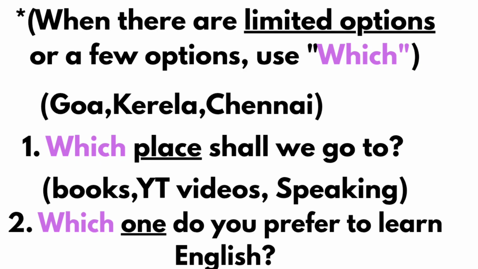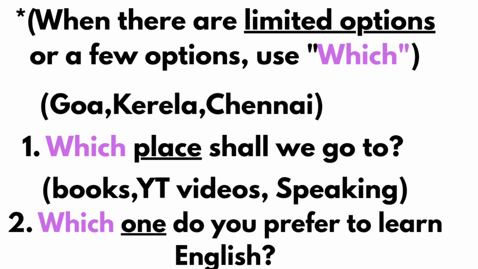Just imagine you are with friends and you have been planning to go somewhere, and you have three options: Goa, Kerala, Chennai, and you are asking your friends which place shall we go to. Here there are only three options, which means limited options, and that's why we use which, for a specific option.